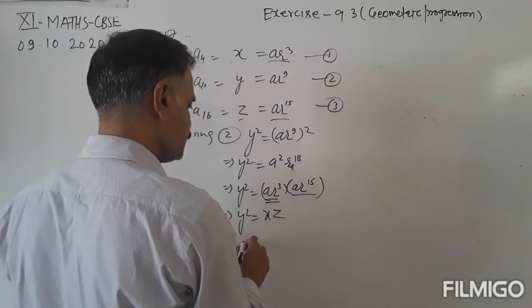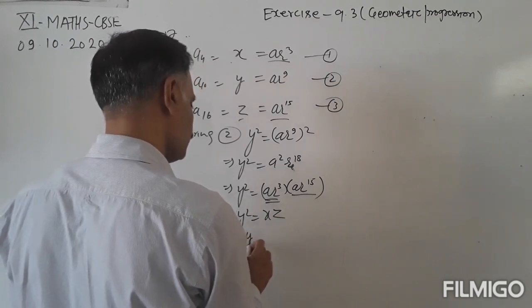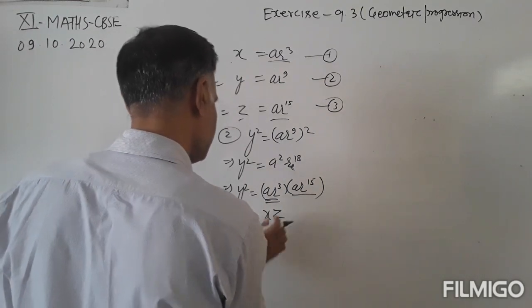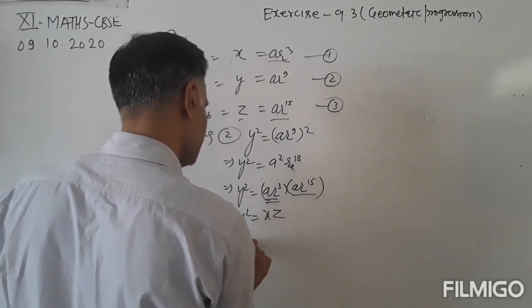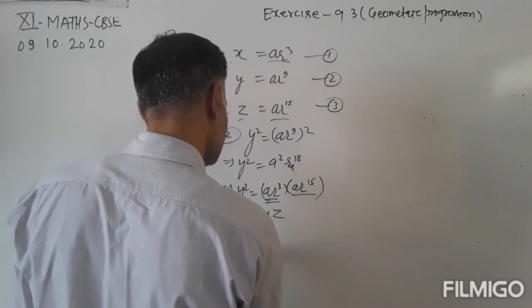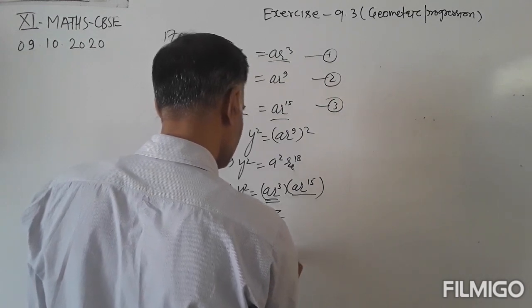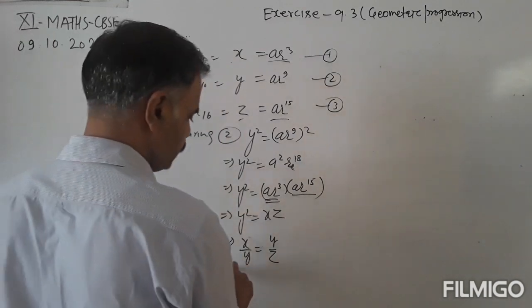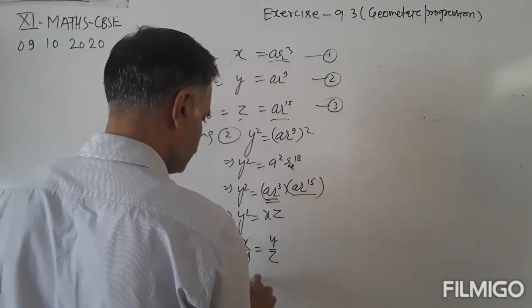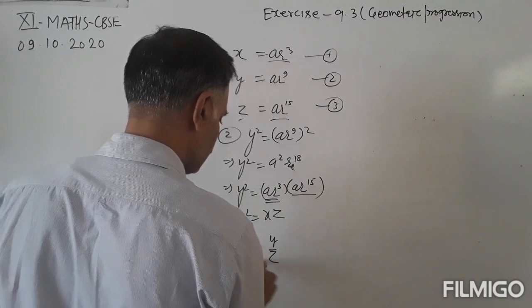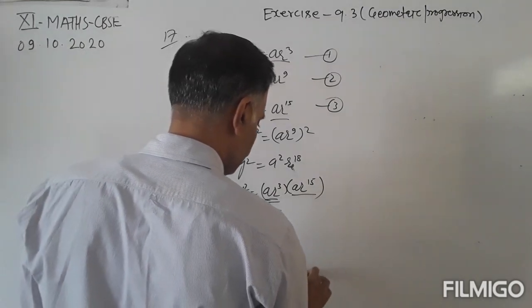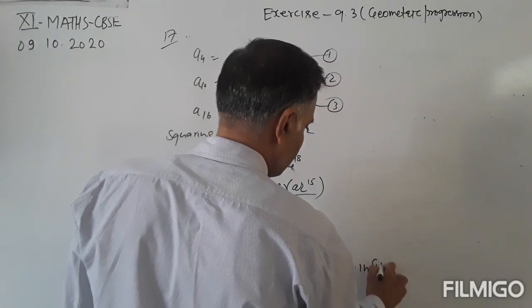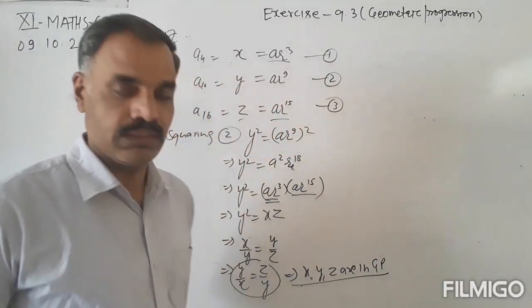So y square equals xz, or x upon y equals y upon z, or y upon x equals z upon y. This shows that x, y, z are in geometric progression.